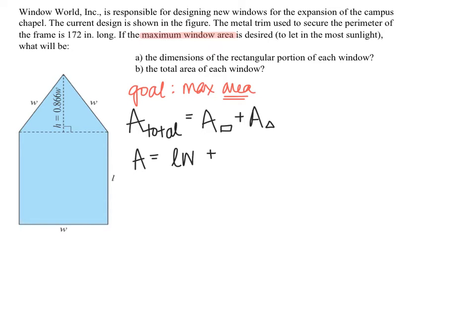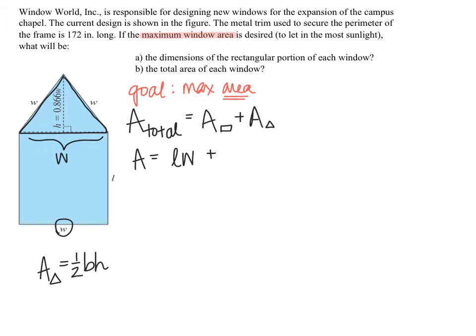Now remember, the area formula for a triangle typically is written 1/2 base times height. So when I'm looking at my triangle here, the triangular portion of the window, the base of this triangle is equivalent to the width of our rectangle. So the base of this triangle is actually W.